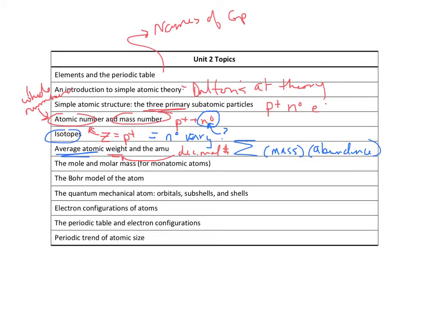One other thing, going to the next line, the mole and molar mass. You probably want to write down what a mole is. So 1 mole, of course, is equal to 6.022 times 10 to the 23rd of anything. Molar mass is something different.